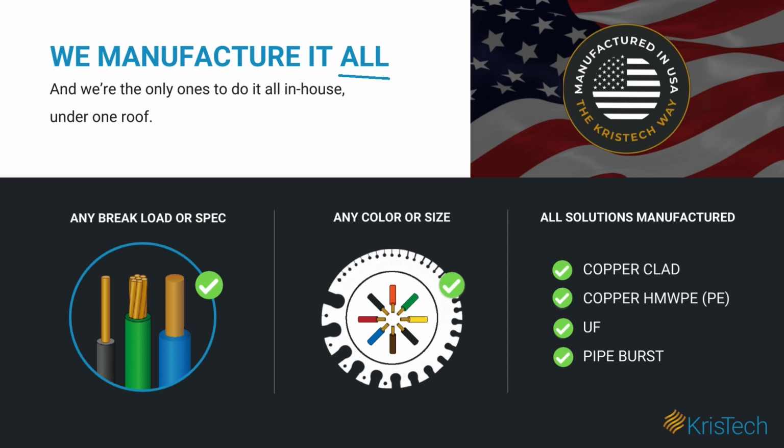Kris-Tech follows APWA color codes, and we manufacture all colors. Needless to say, if you need a tracer wire of any type or any variation, we manufacture it. Kris-Tech is an equal to any specification nationwide, and our wire is manufactured all under one roof in the USA.